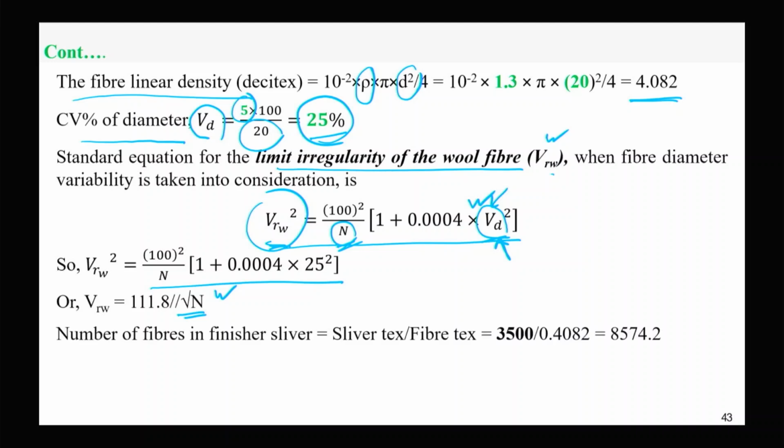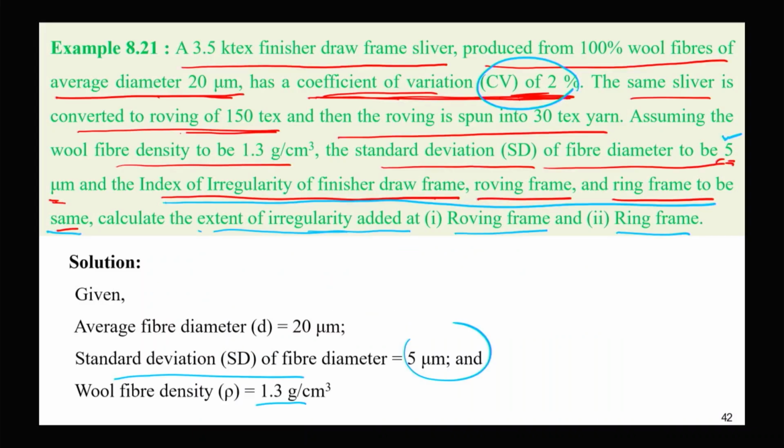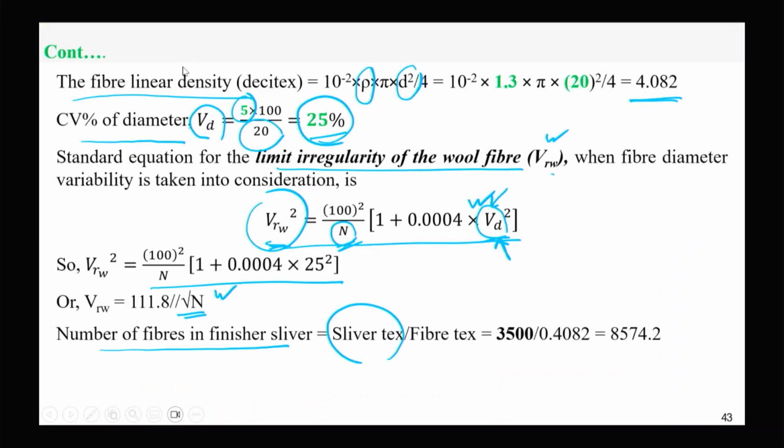First let us calculate the number of fibers in the finisher draw frame sliver. So 3.5 ktex is the finisher draw frame sliver.